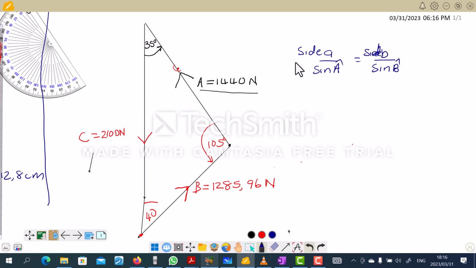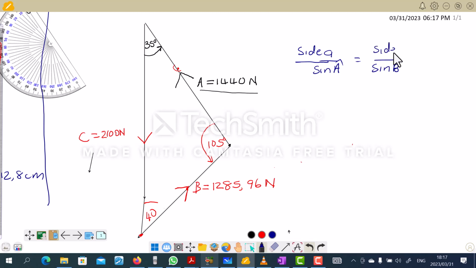It says side A over the sine of its angle is equal to side B over sine B. So I'm going to use this formula for this calculation.